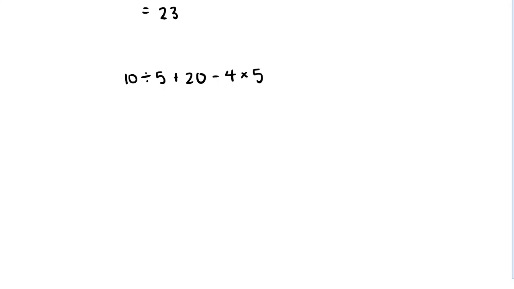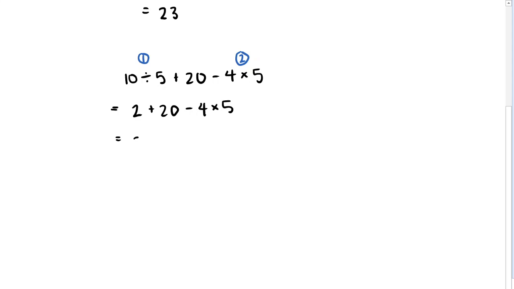So here, what we want to do is perform the multiplication and the division before the addition and the subtraction, and we want to do this multiplication and division from left to right. So technically, we'll do this division first here, and then this multiplication second. So this is equal to 10 divided by 5 gives us 2, plus 20 minus 4 times 5.